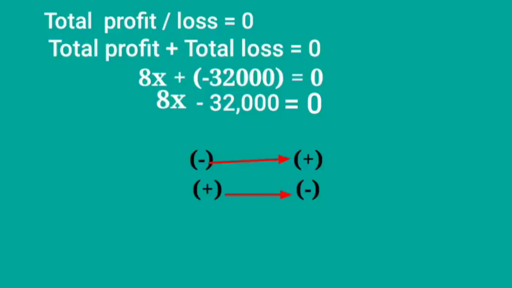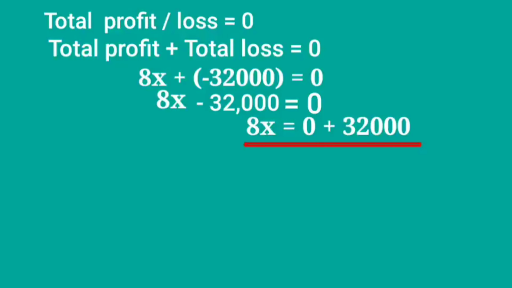In the same way, if the number has a plus sign, it will change into a minus sign. Transfer the minus 32,000 to the right hand side. It will get a plus sign. So, next step, 8x is equal to 0 plus 32,000.